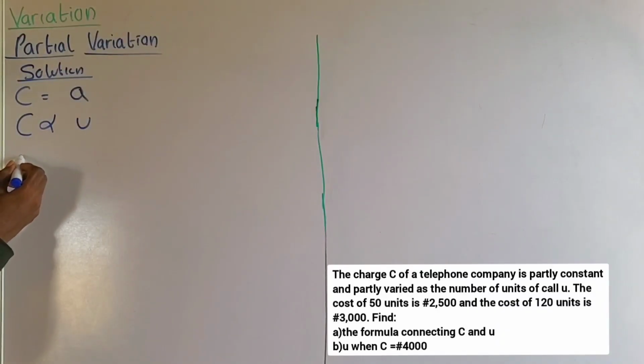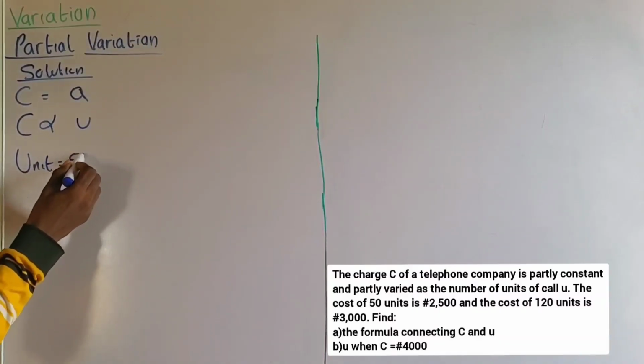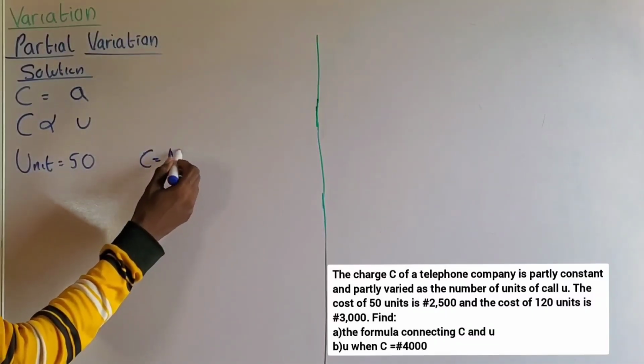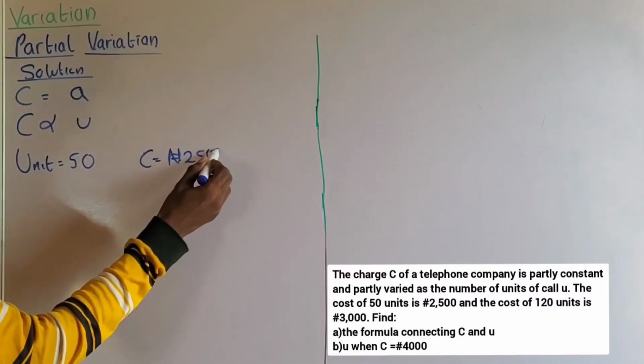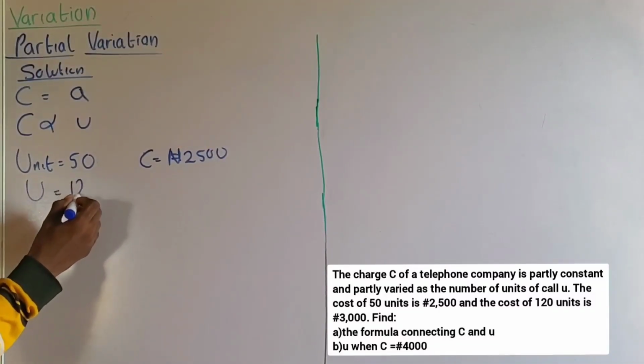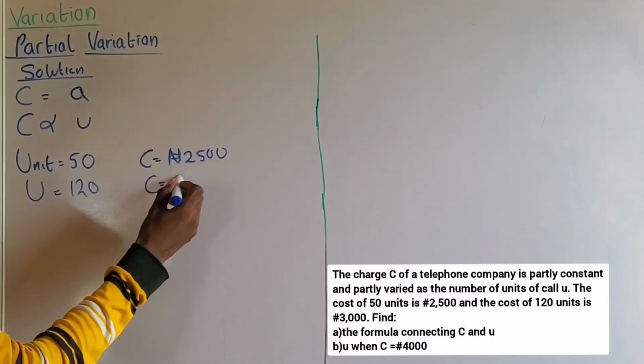So when U equals 50, the charge is 2,500 naira, right? And when U is 120, the charge is 3,000 naira.